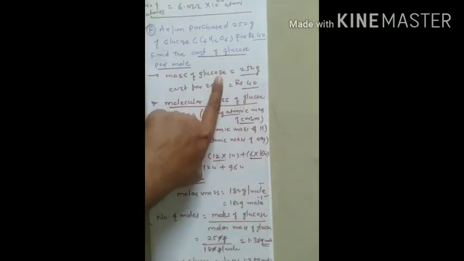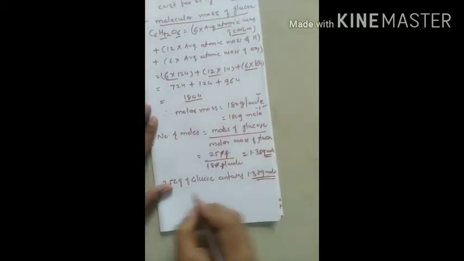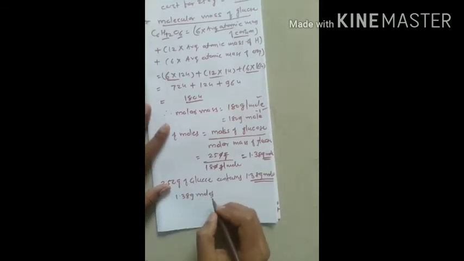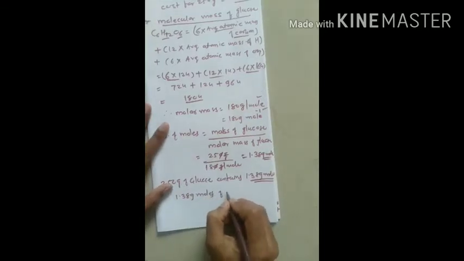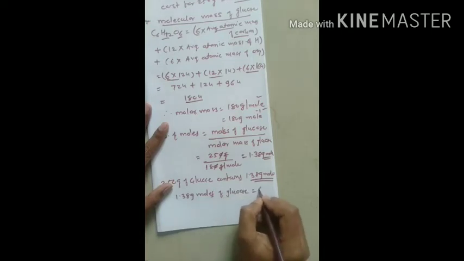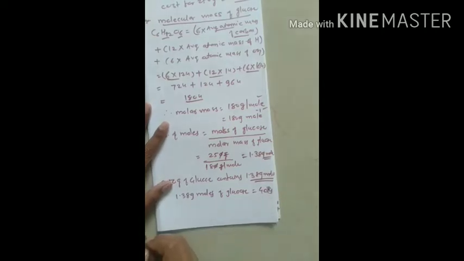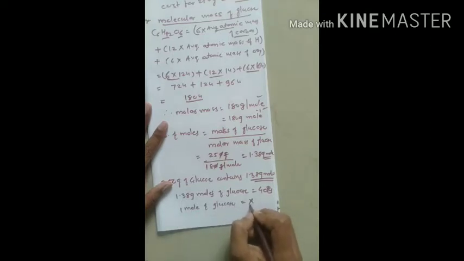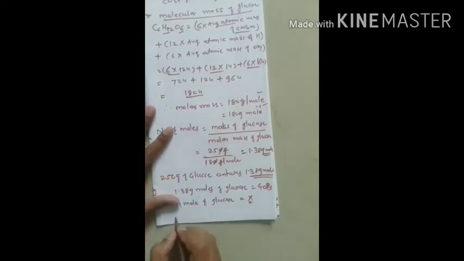So for 1.389 moles of glucose the price is 40 rupees. Then for 1 mole of glucose, how much is the price? Let us say I am considering this as x. It is a simple unitary method. Therefore I can write x equals 1 into 40 divided by 1.389, isn't it?